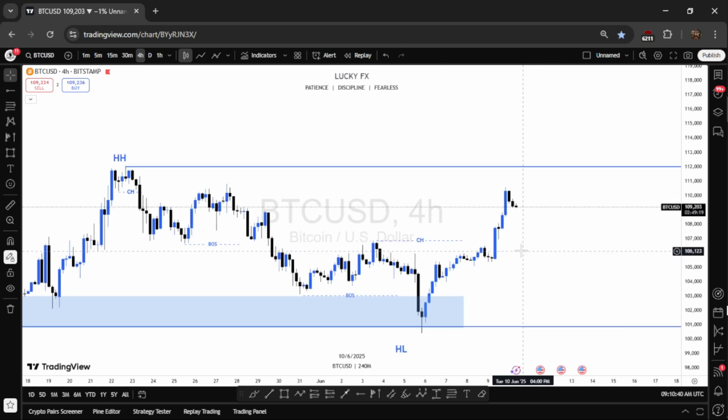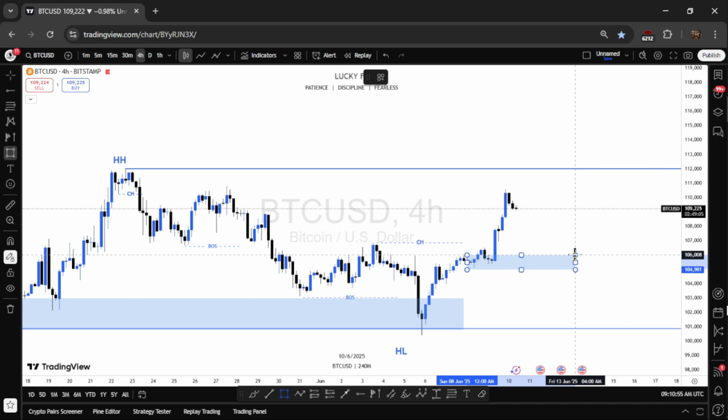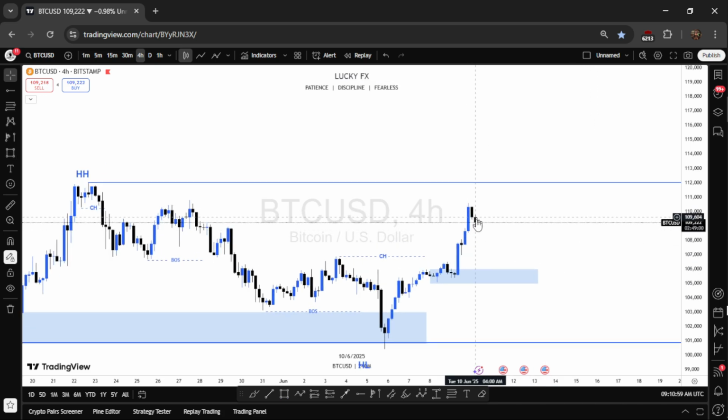So where do you think price can reverse from, right? Around this side in the market for you guys. Price can reverse here. We can see over here price is trying to give us some pullback.